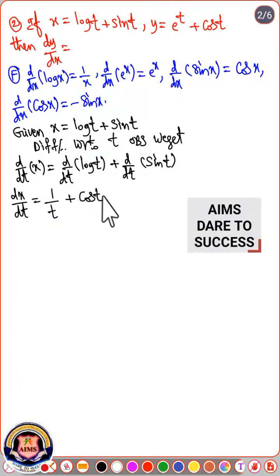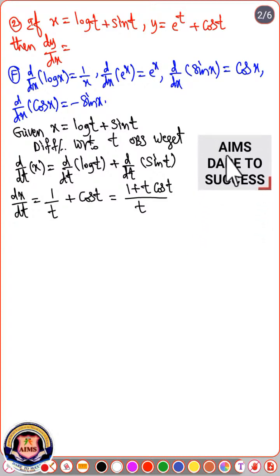Okay, so like this you can take LCM. What is LCM, my dears? t is the LCM, so cross multiply, 1 plus t into cos t.